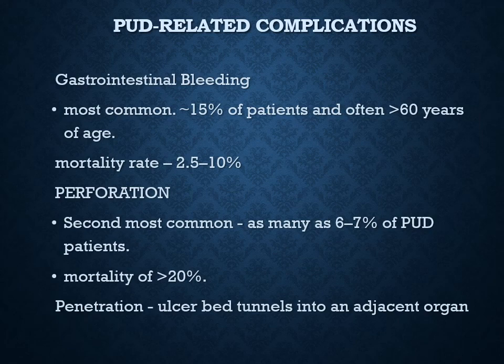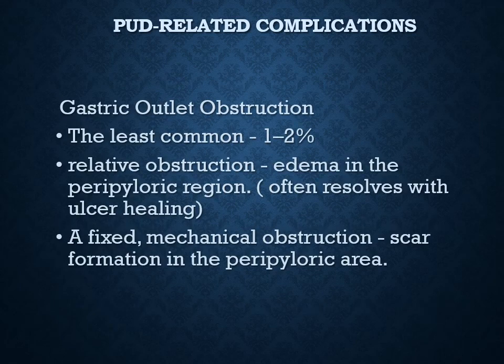Perforation is the second most common, in as many as 7% of the peptic ulcer disease patients, and the mortality goes higher, up to 20%. Penetration is defined as the ulcer bed that tunnels into adjacent organs. Gastric outlet obstruction is the least common, and they can present in two forms, the relative obstruction and a fixed one.